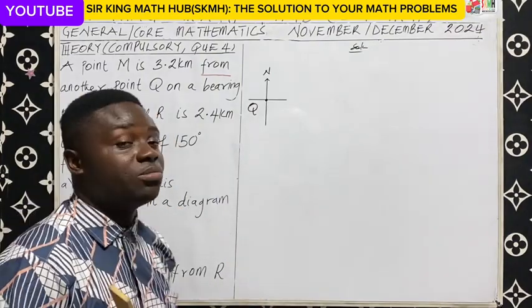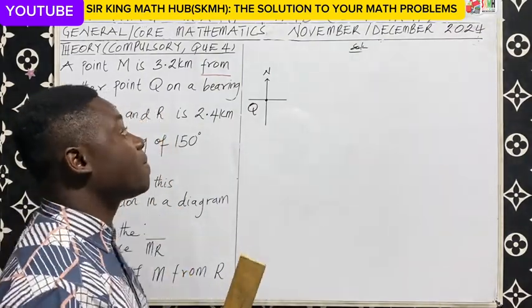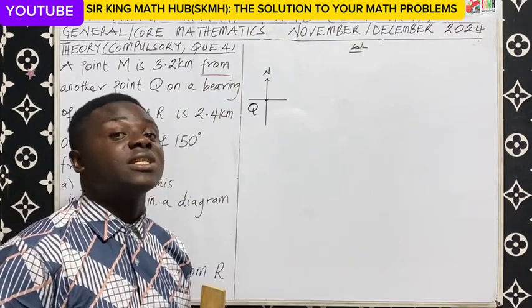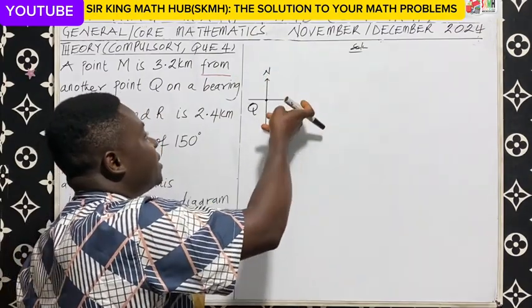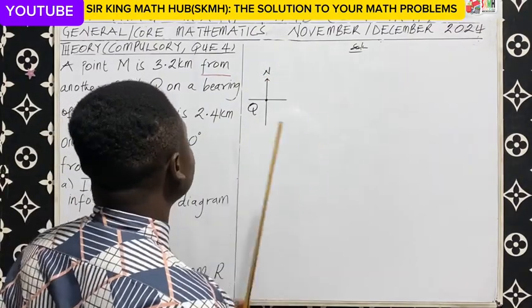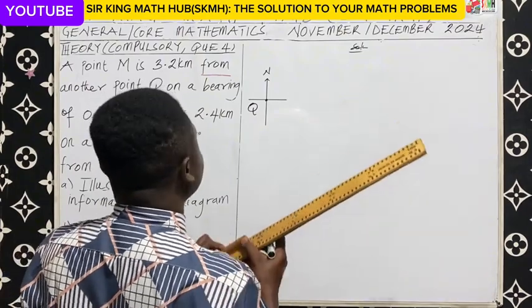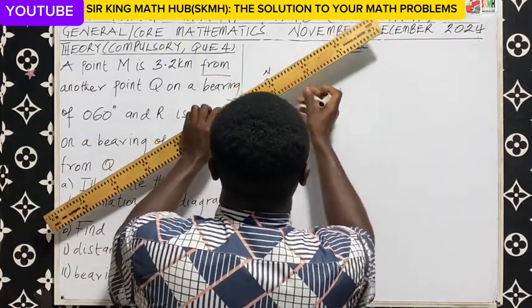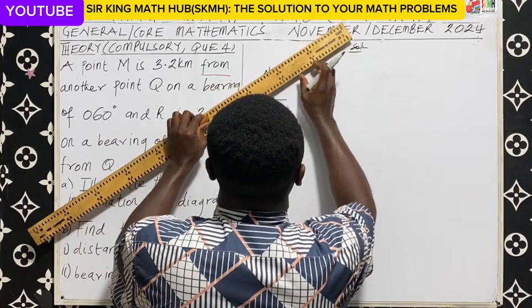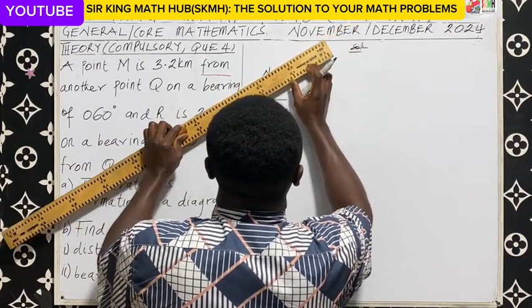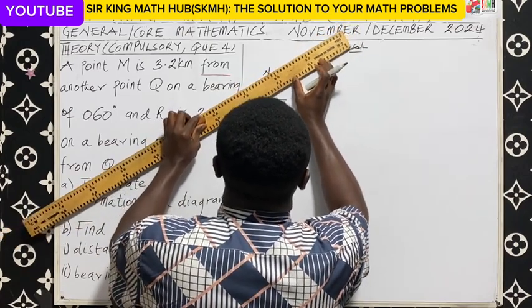We know that when it comes to bearings, angles are measured from the geographical north in the clockwise direction. So in the clockwise direction, we have to measure 60 degrees. So 60 degrees would be somewhere.